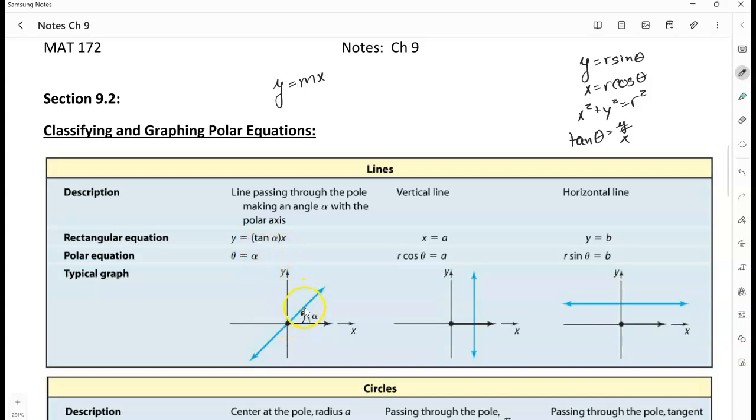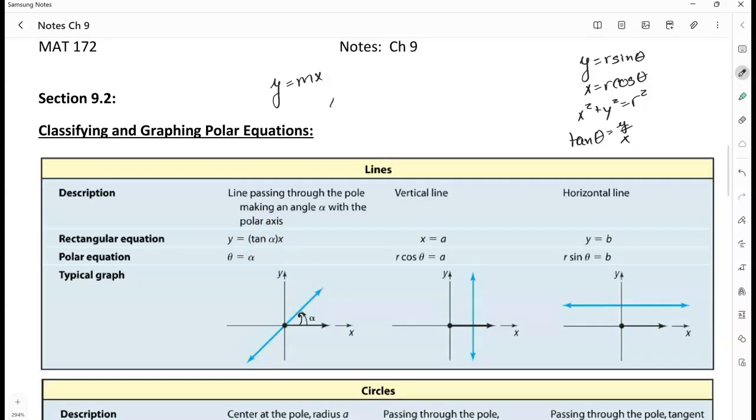As long as we know a y and an x, then we know what that angle would be. So we could rewrite y equals mx as y equals tangent of alpha times x, where tangent of alpha is representative of our slope.